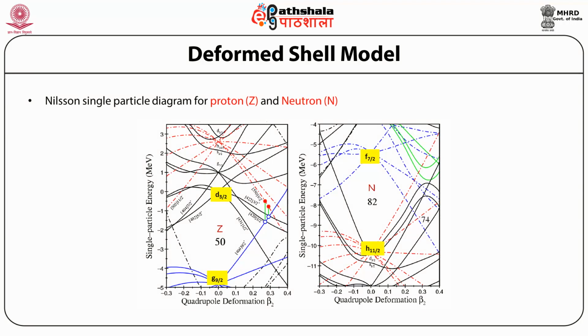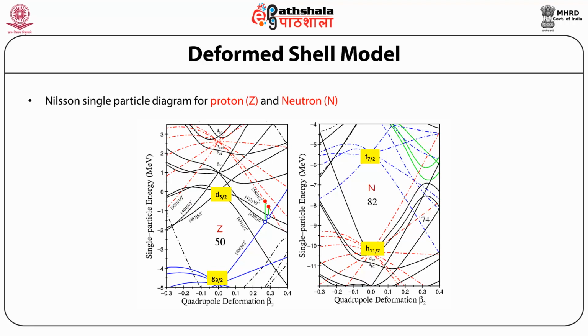Deformed shell model. In this slide, the actual behavior of Nielsen orbitals as a function of deformation is represented for protons as well as for neutrons.